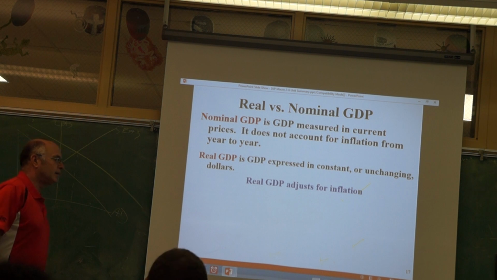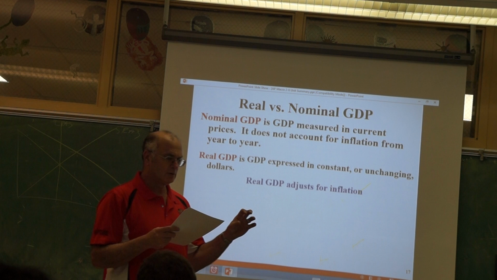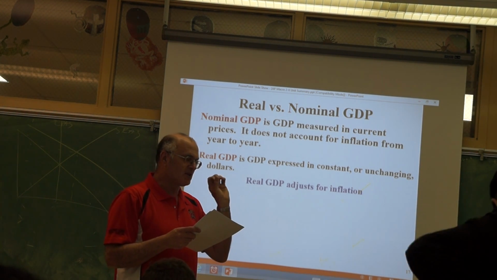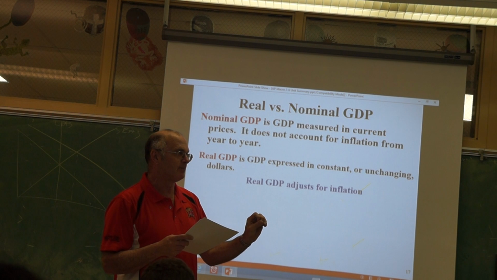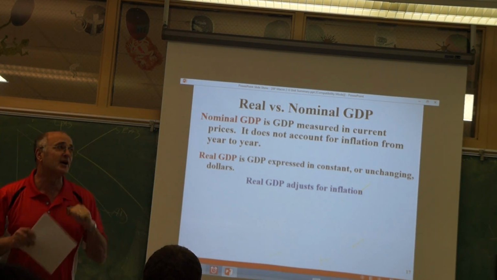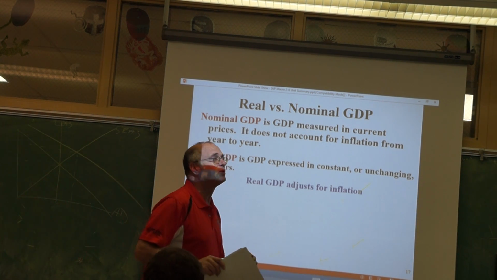Is there a line for income approach? Okay, so all you need to write there is expenditures equal income, okay? Because for every dollar we spend, someone else is making a dollar. So expenditures equal income.